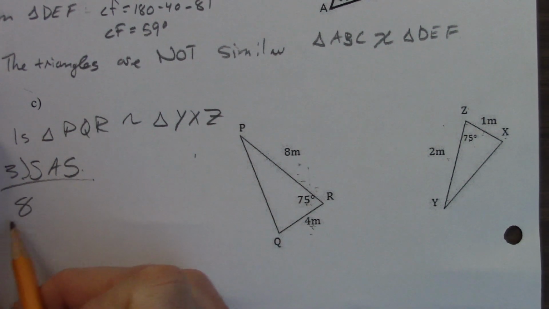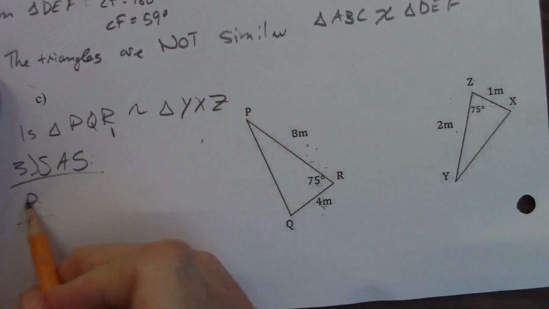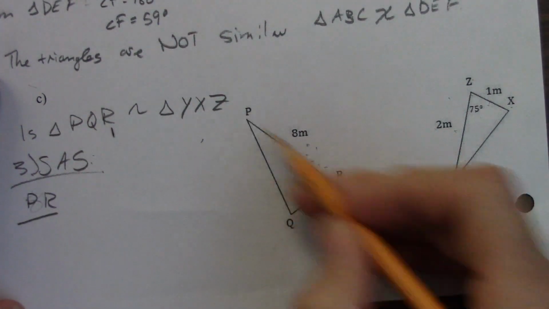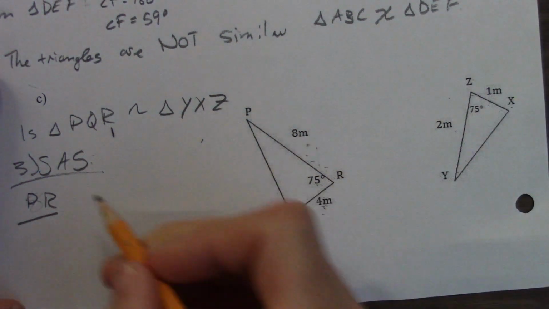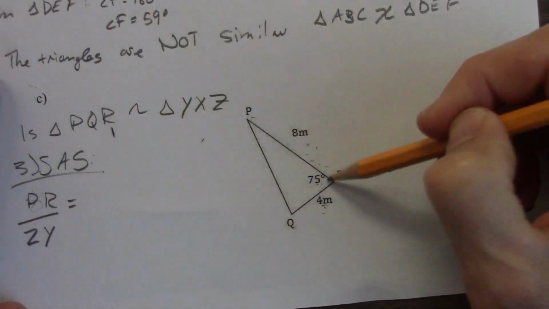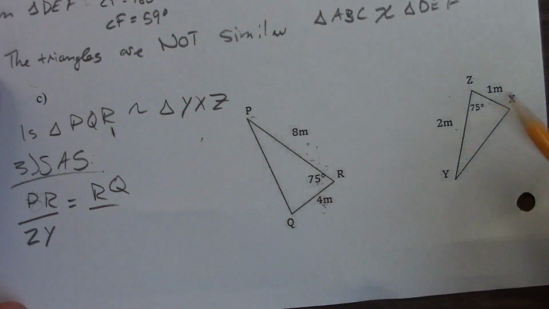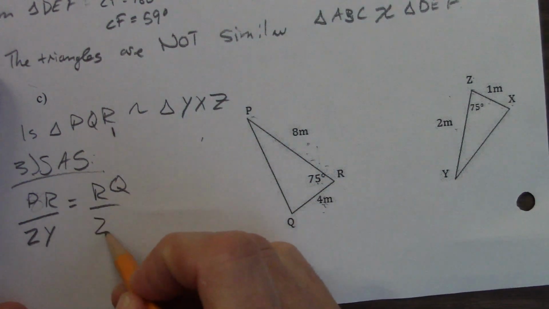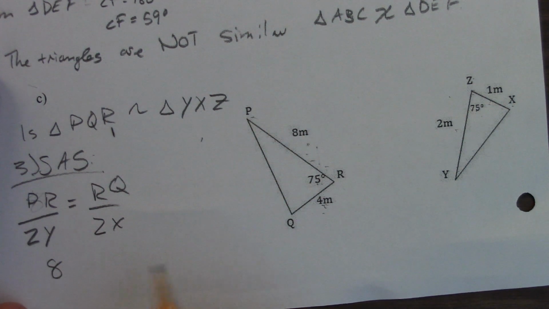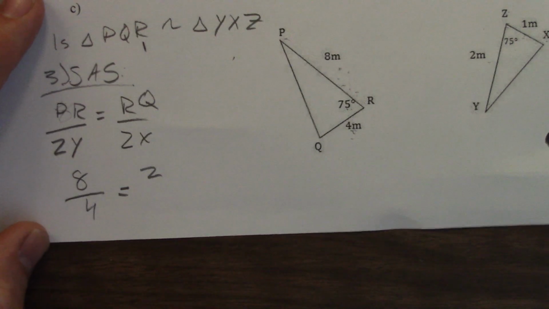So let's write it out here. Side PR over ZY is equal to RQ over ZX. So 8 over 4 is equal to 2. Oh, sorry.